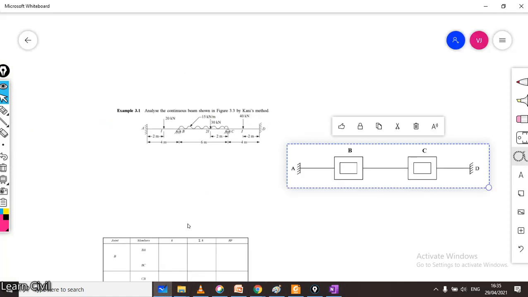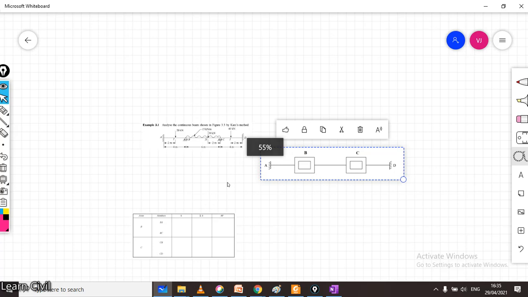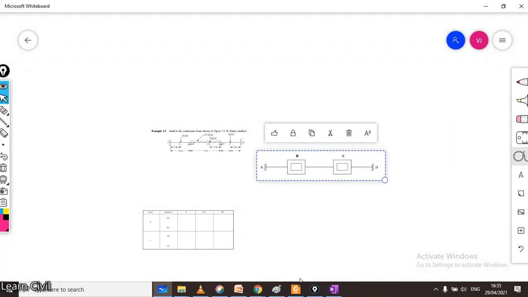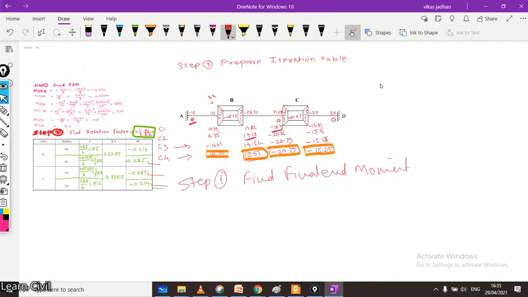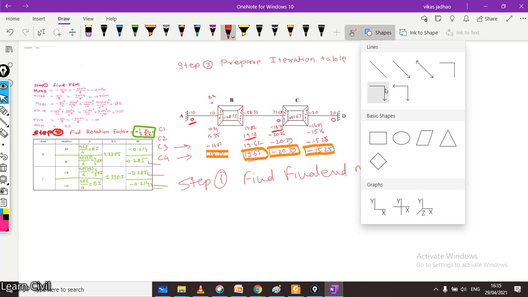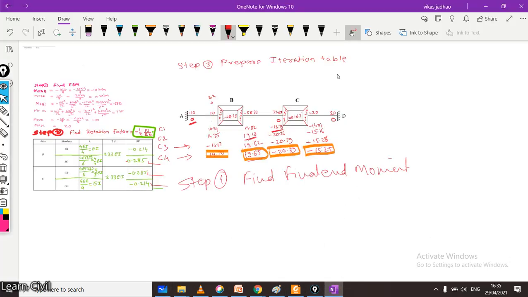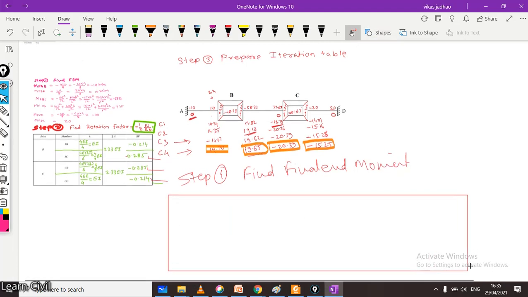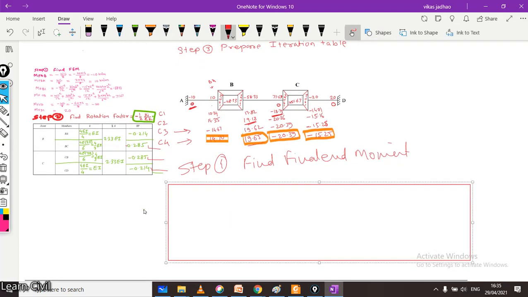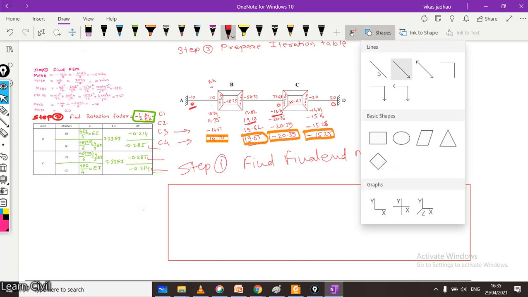Okay, for that we have to prepare one table like this.